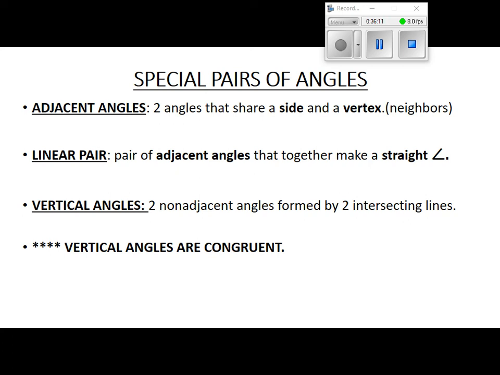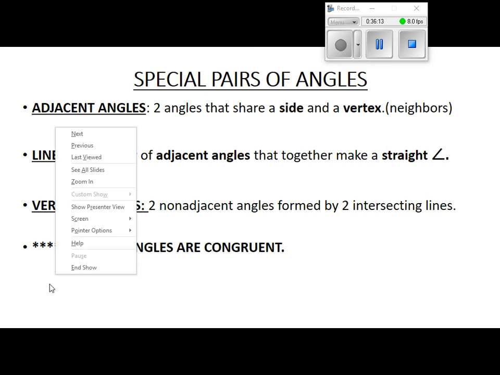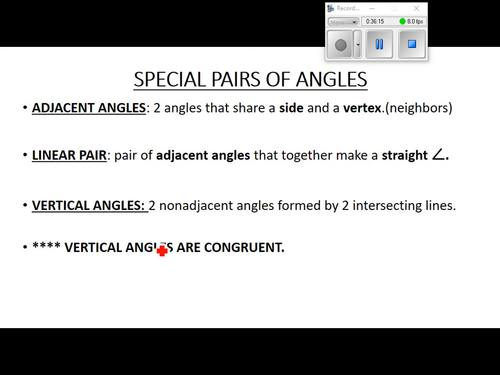Vertical angles: if I draw this, two non-adjacent angles formed by two intersecting lines. We did some of this in the first chapter. You might want to write it down on your paper as I draw it. What are we going to draw?